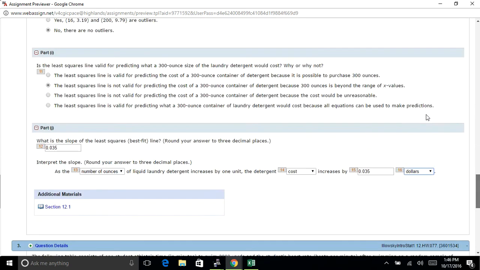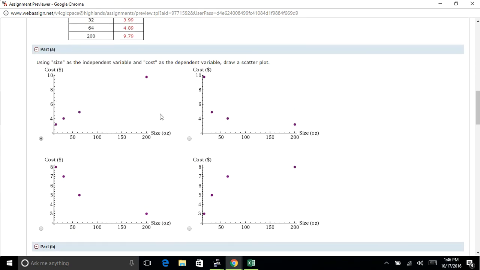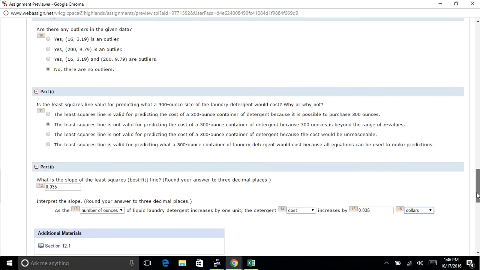Okay, let's go back here. We picked this one to be our cost. Let's look at this graph again. As we increase the size of the laundry detergent, the cost will increase, and it increases by $0.035.